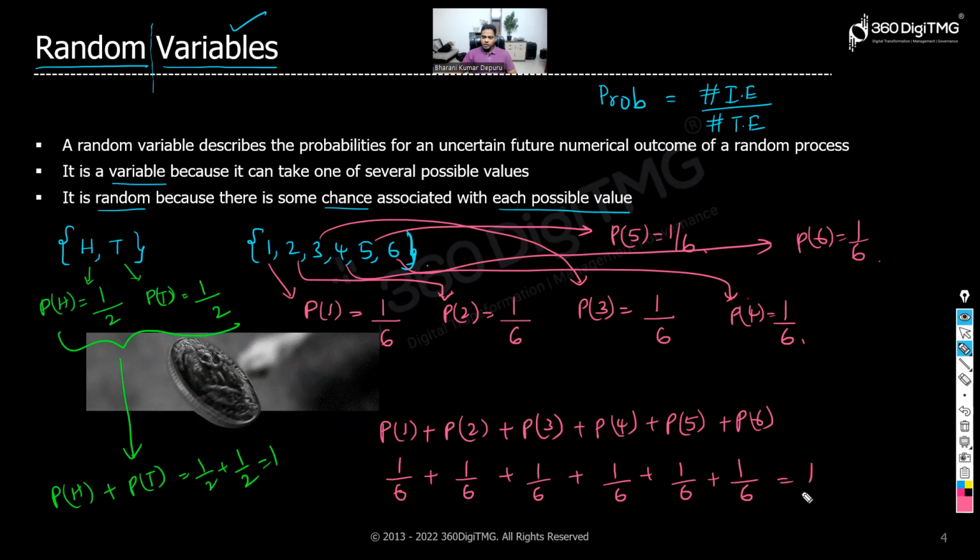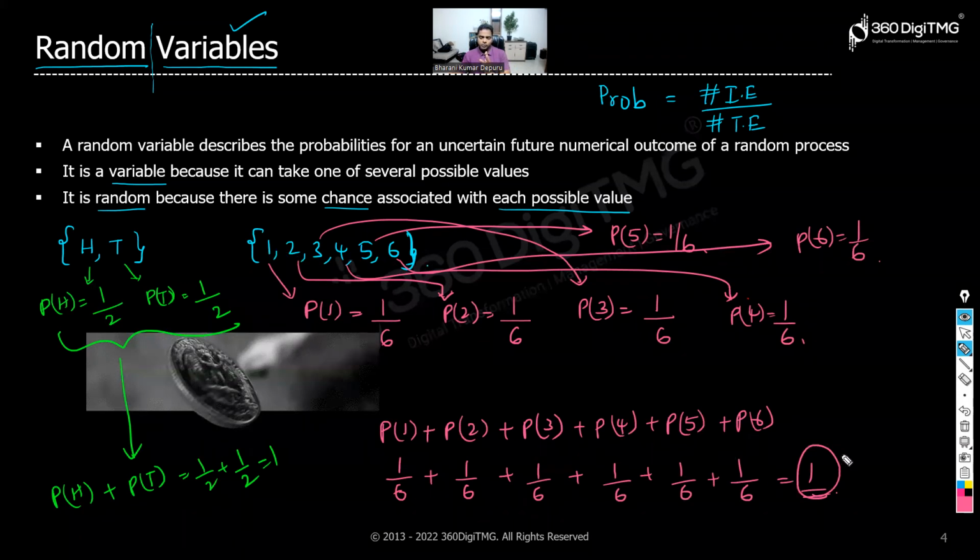When you add all of these, you get 1. So the probabilities of all the possible values of an experiment, when you add them, you get 1. So the overall probability is 1, and this gets distributed to all these events.